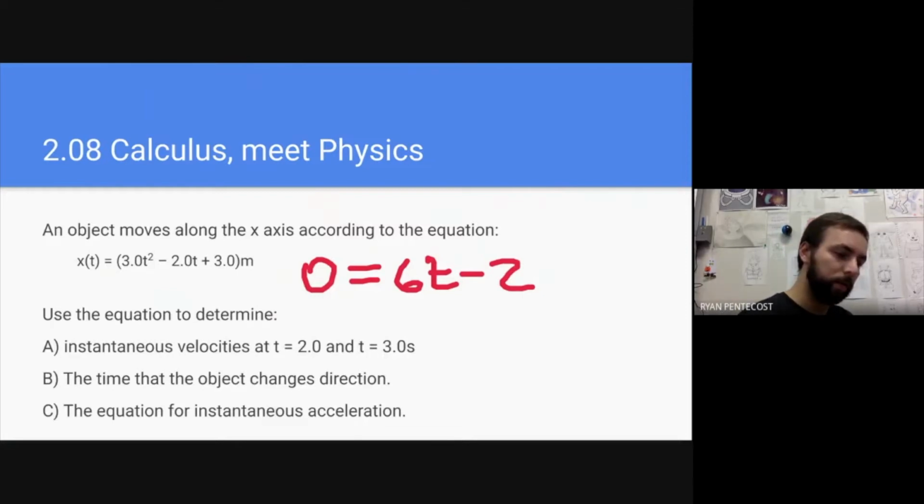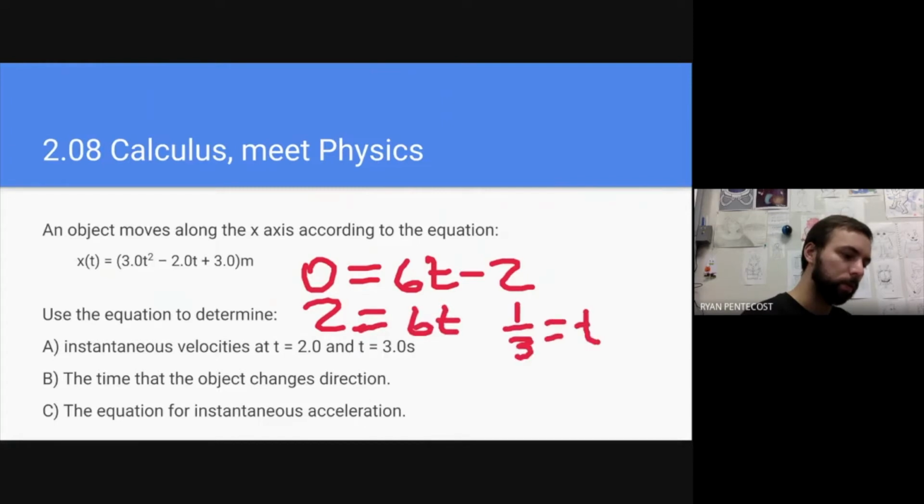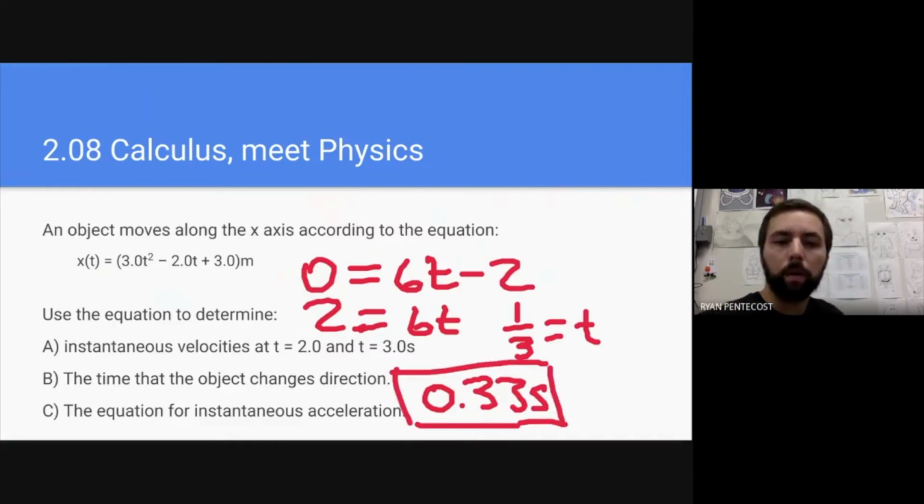So you add 2, you get 2 equals 6t. That means 1/3 equals time. So at 0.33 seconds, our object just changed direction.